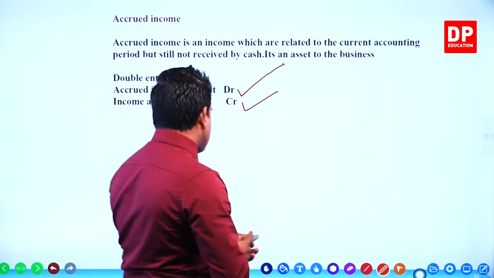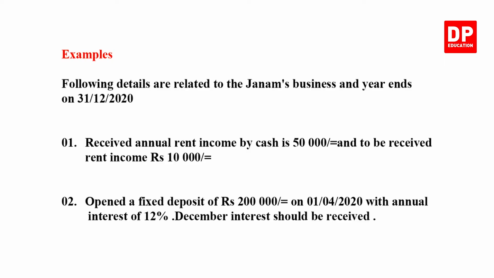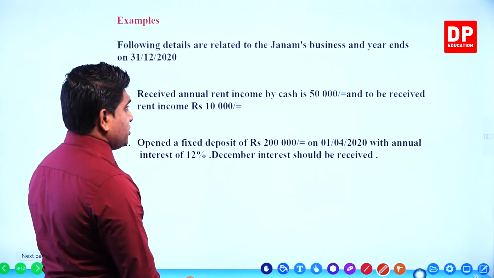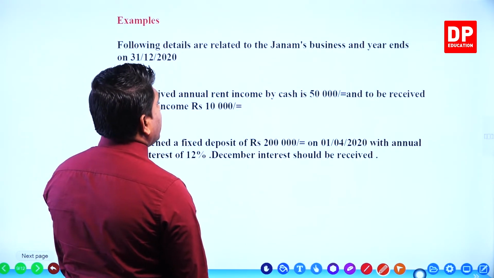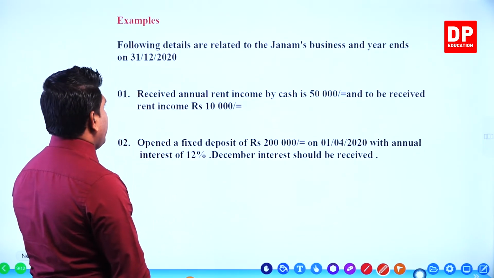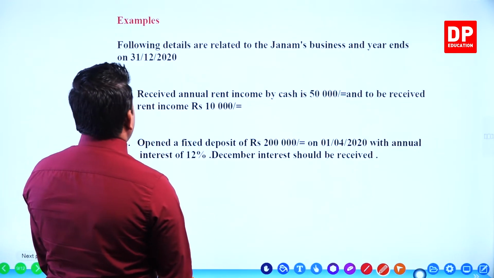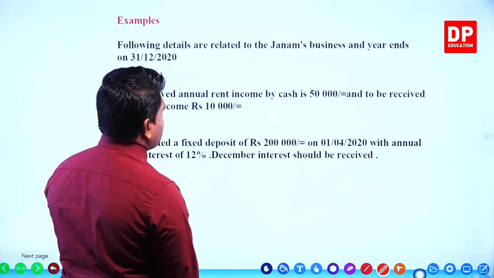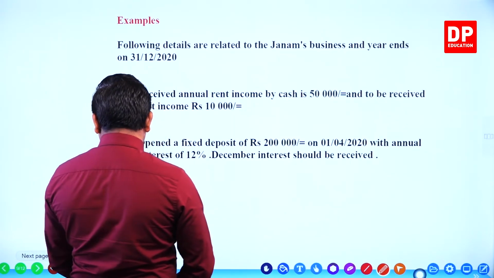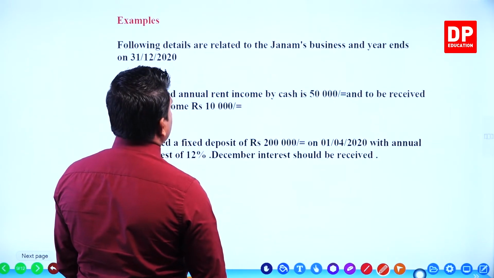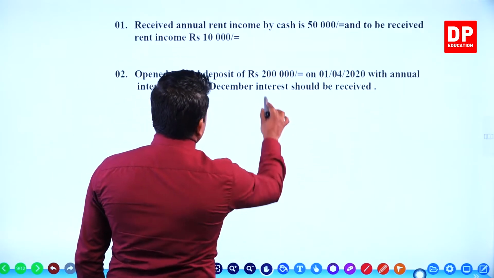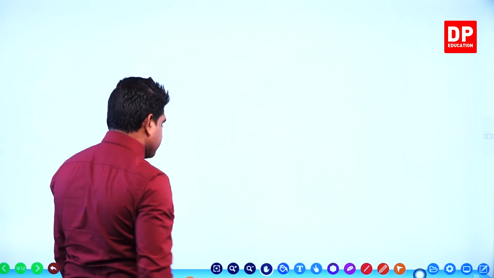These are the 2 adjustments. Example: the following details are related to Janam's business, and the year ends on 31st December 2020. Received annual rent income by cash 50,000 and to be received rent income 10,000. We try to do it.